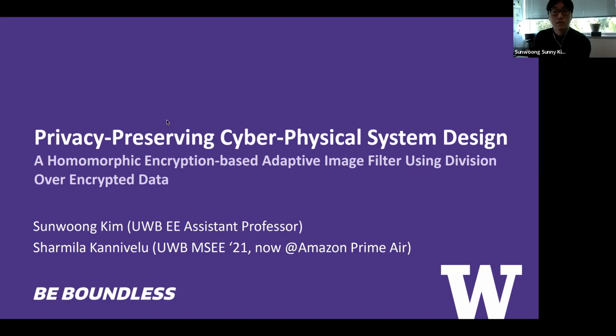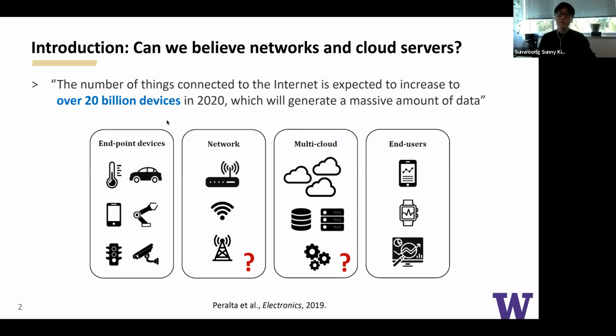So let's start. In general, cyber physical system architecture or Internet of Things architecture consists of endpoint devices equipped with sensors such as camera sensors, and end users who receive, analyze, or process the data, and a network connecting the endpoint devices and end users.